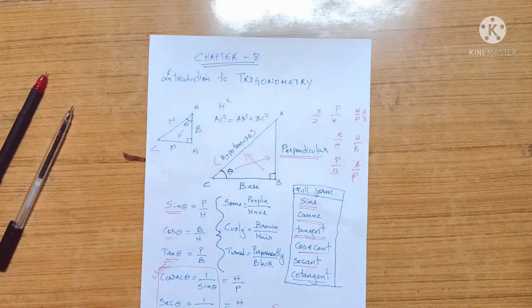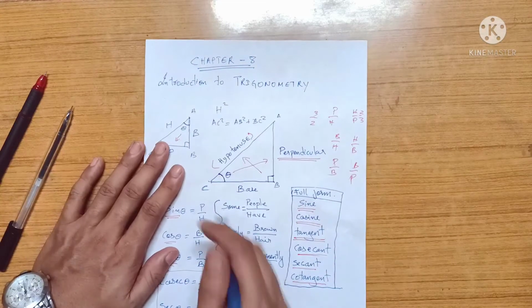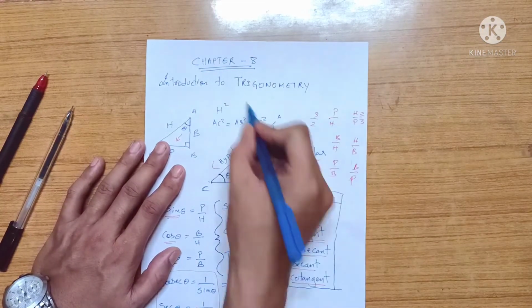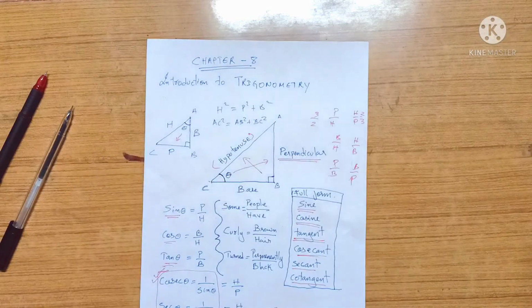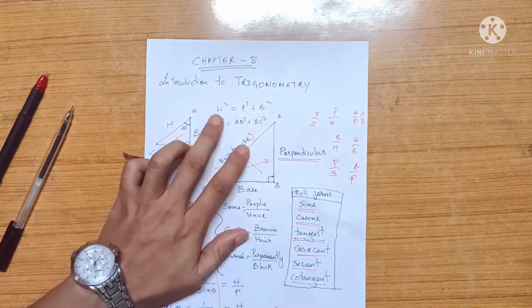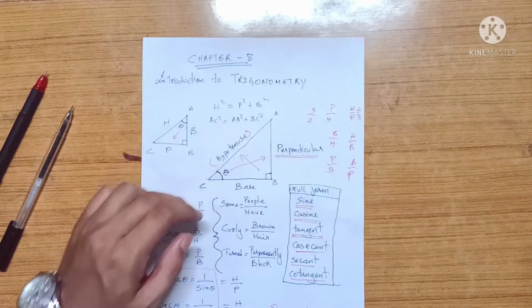I hope you know this formula. This is basic level maths, which you have been studying from grade 7, I guess. In this case, it will just be h square equal to p square plus b square. A lot of students get confused and take h as height. It's not height, it's hypotenuse.